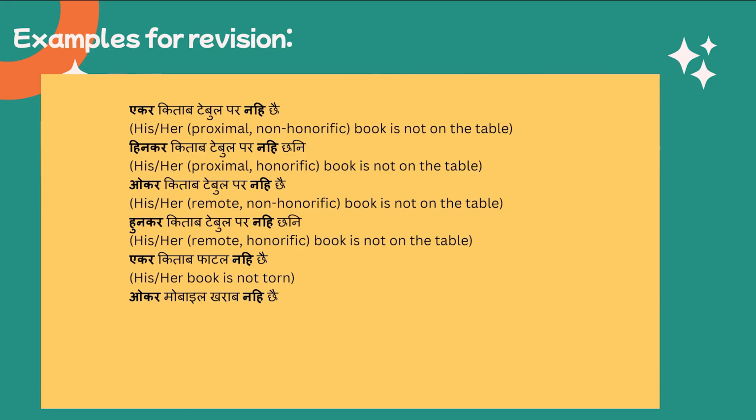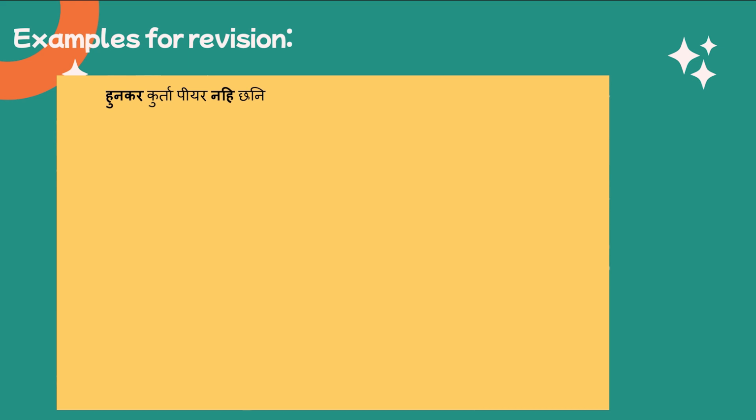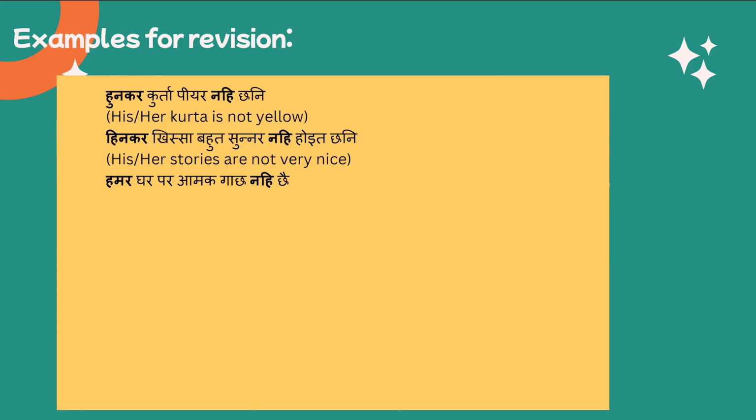ओकर मोबाइल खराब नहीं छै. Non-honorific and remote. हुनकर कुर्ता पियर नहीं छन्. Again the same thing, but it is honorific. हिनकर खिस्सा बहुत सुंदर नहीं होइत छन्. हमर घर पर आमक गाछ नहीं छै. हमरो घर पर आमक गाछ नहीं छै.